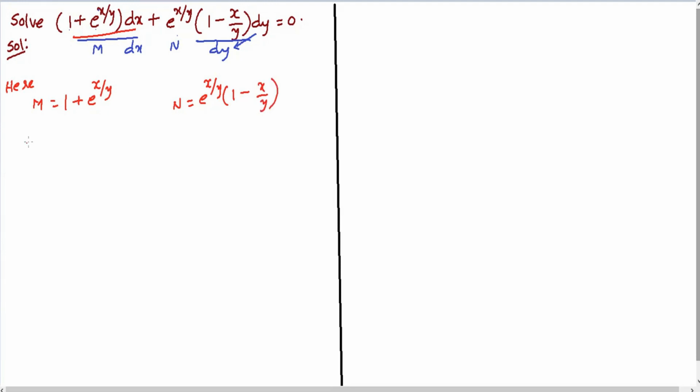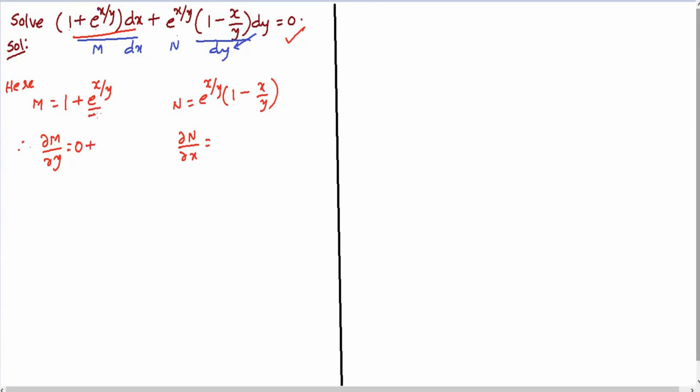So we have to calculate the partial differentiation of M with respect to y. After that, the partial differentiation of N with respect to x. If these both are equal, then we conclude that the given equation is exact. Whenever we are taking the partial derivative with respect to y, except y, the remaining are all constant. 1 is already constant, so its partial derivative is 0.